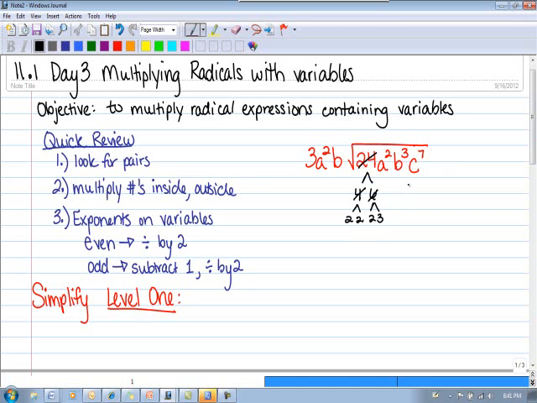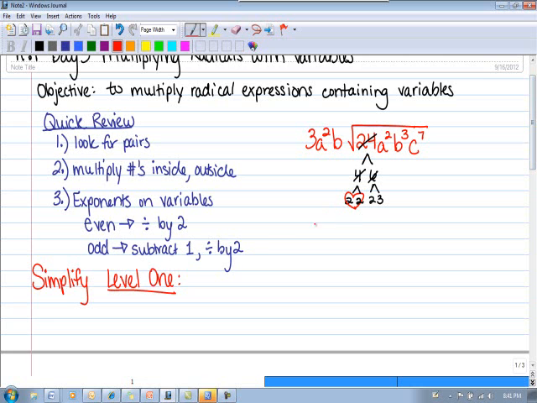So from that we have a pair of 2's that can get taken out. And so I multiply 3a squared b times 2, and left at home is 2 and 3, and what I do with those at home is I multiply them, so 2 times 3 is 6.